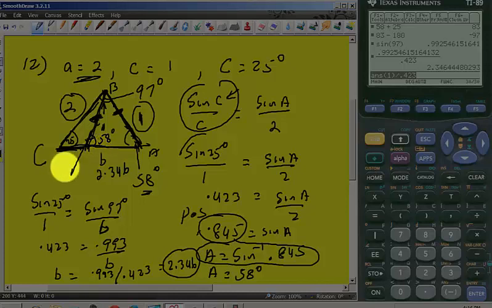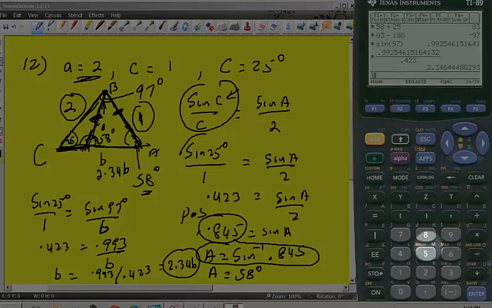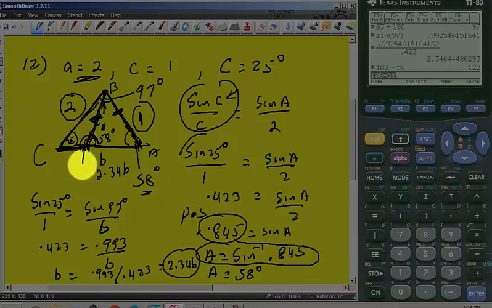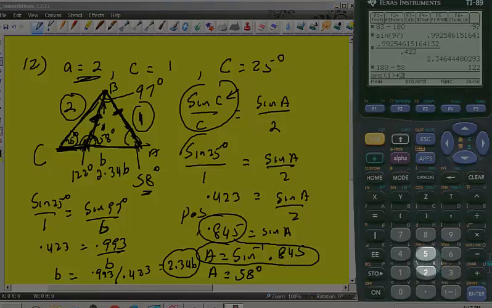If that's 58, from geometry you know that the angle to the left of that, which is this angle, is supplementary, so that'll be 180 minus 58, and that's going to turn into 122 degrees. If that is 122 degrees and this is 25 degrees, you add 122 plus 25, and that turns out to be 147.